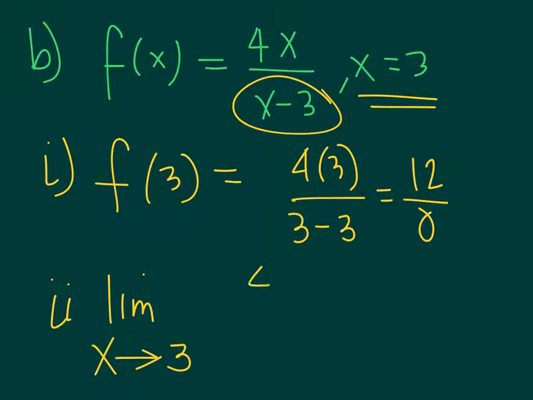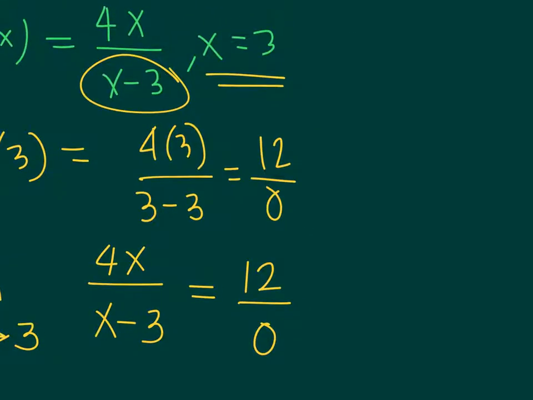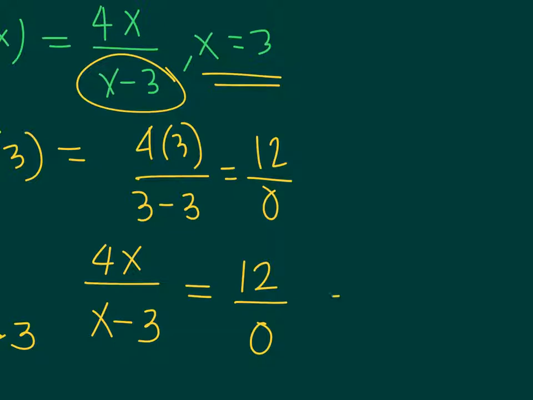So you have 4x over x minus 3. Substitution will lead you to 12 over 0 and it's undefined. And in limits, when it's undefined, it's infinity. Right? It's not 0. But is it positive or negative infinity?